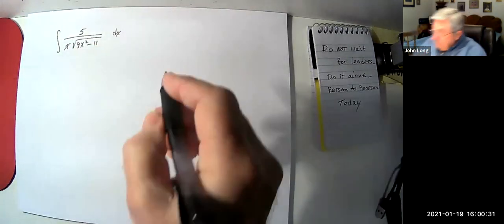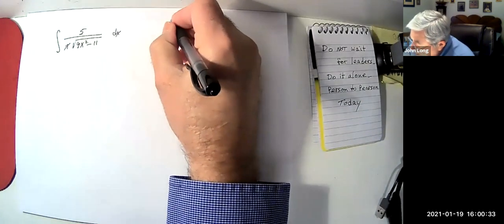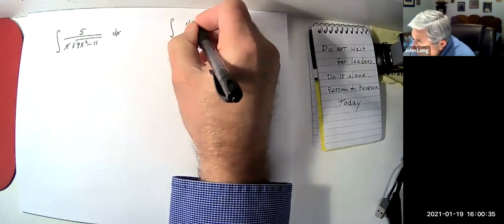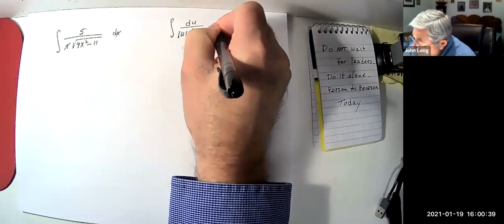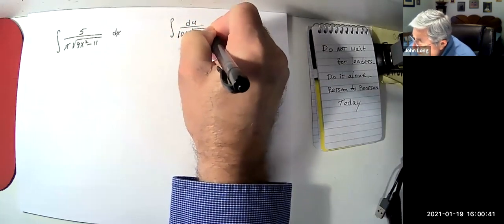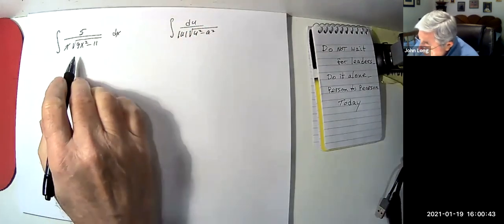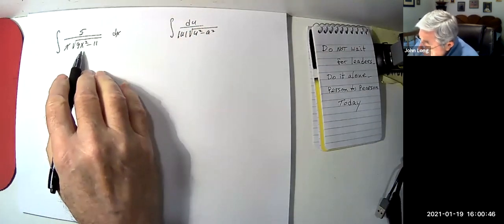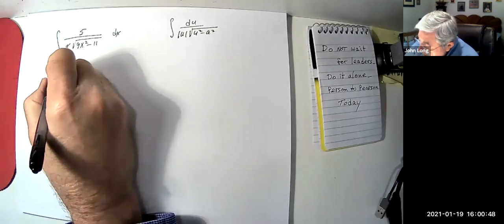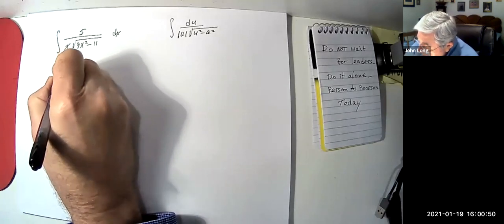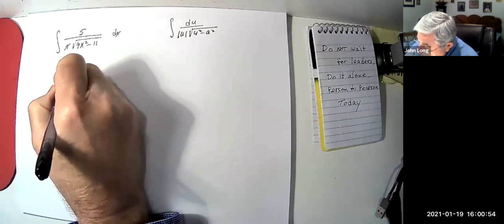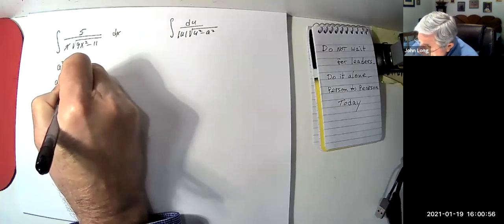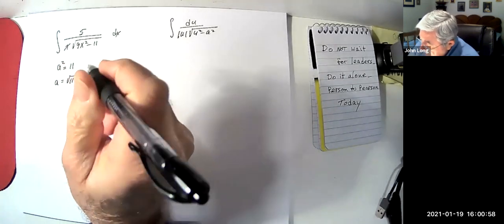Now, again, this looks to me like a du over absolute u square root of u squared minus a squared form we want to try to match this up to. In this case, it's sort of weird because our a squared is equal to 11, making a equal the square root of 11. So that's sort of ugly, I guess.